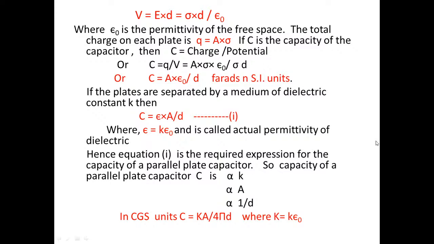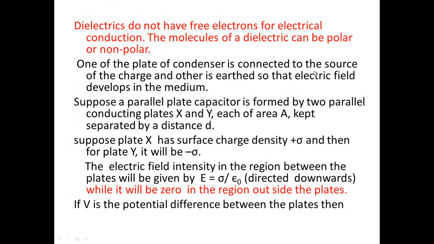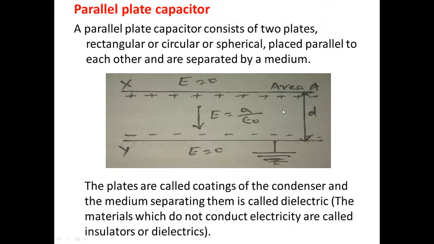In this way, we find the capacity of a parallel plate capacitor whose second plate is earthed. C is equal to epsilon A upon D. Clear? So this is the capacity of a parallel plate capacitor.